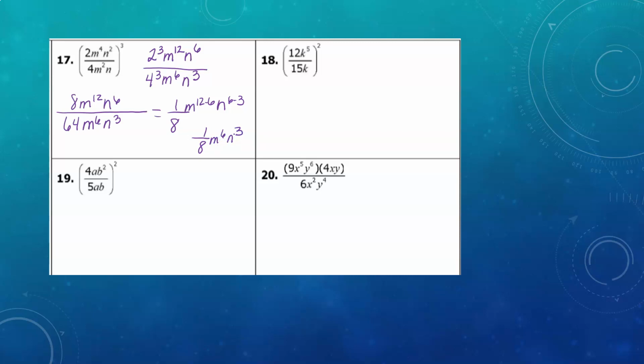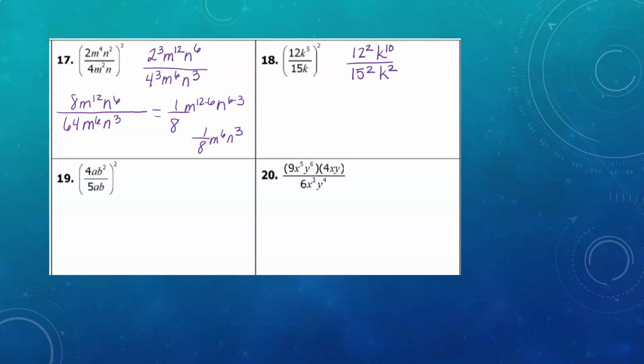Same with 18. Everything is squared. So 12 squared, k to the 5 times 2 power is k to the 10th. 15 squared, k squared.